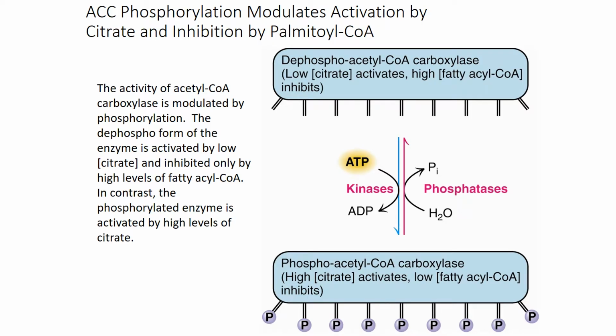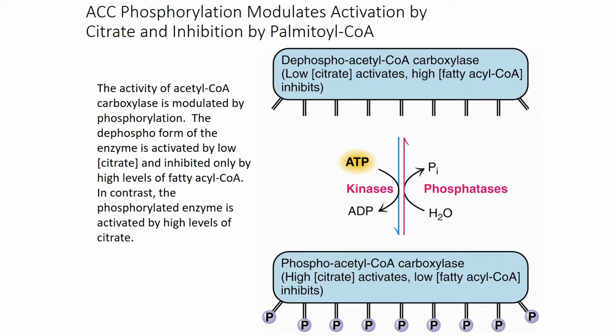Now we're going to take a minute to look at the regulation of acetyl-CoA carboxylase, and it is regulated by phosphorylation and dephosphorylation. So under conditions of abundant metabolic fuel or high energy, the products of carbohydrate and amino acid catabolism are directed toward fatty acid synthesis, and that results in fatty acids being stored as triacylglycerols in those adipocytes.